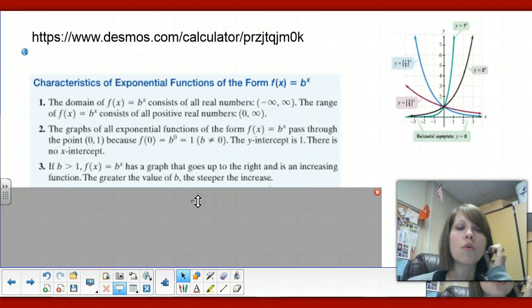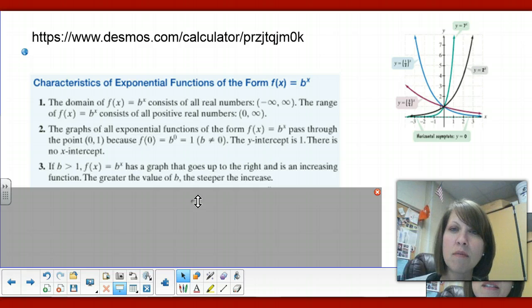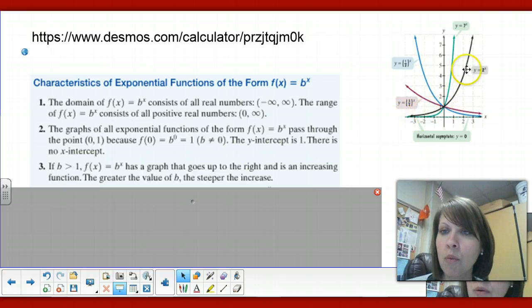All right, so if b is bigger than 1, if our base has a value that's larger than 1, even if it's a fraction or a decimal, then our function is going to increase. Like the green, y equals 7 to the x, or the black, y equals 2 to the x. Those increase.